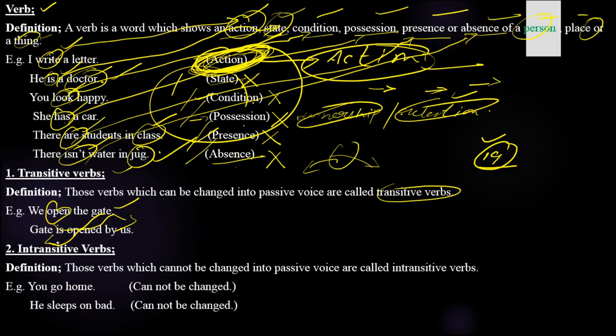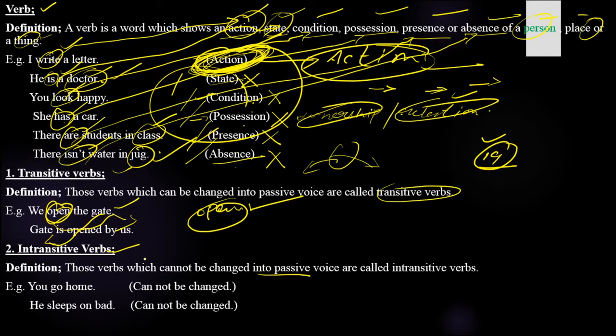We open the gate, the gate is opened by us. Hope you got this topic. Intransitive verbs are those verbs which cannot be changed into passive voice. Now see, these are action verbs.